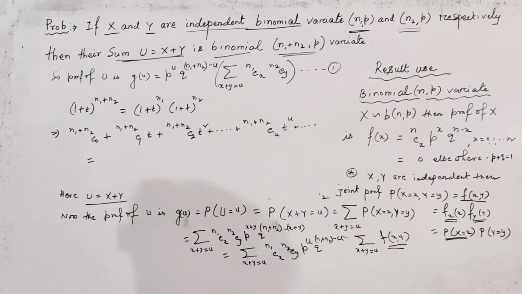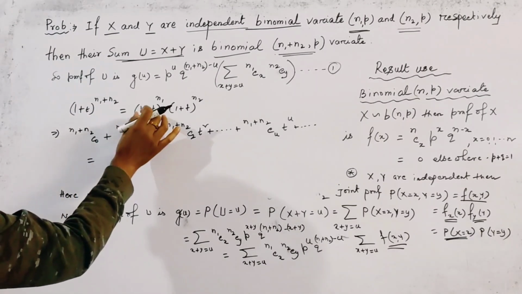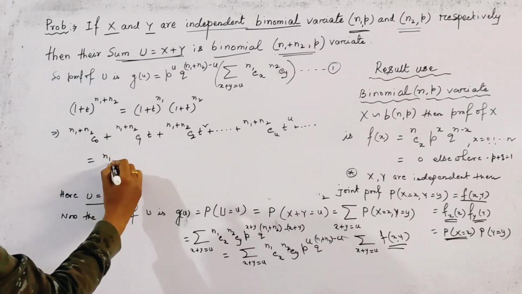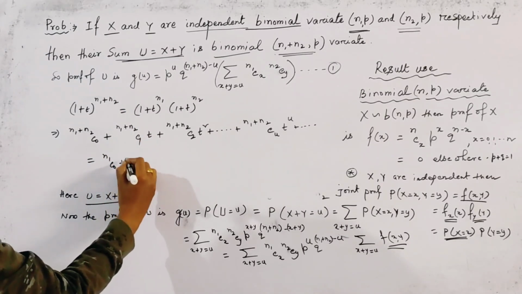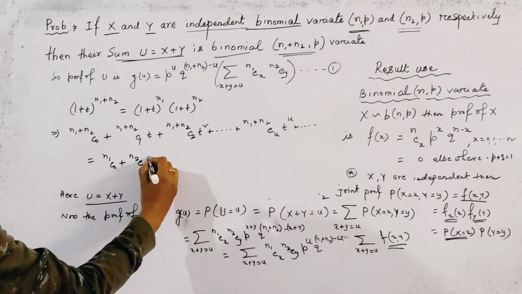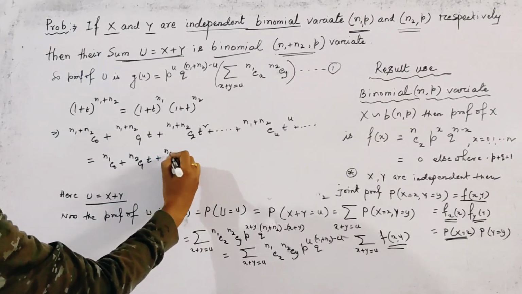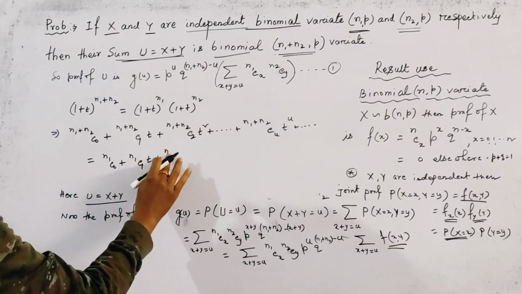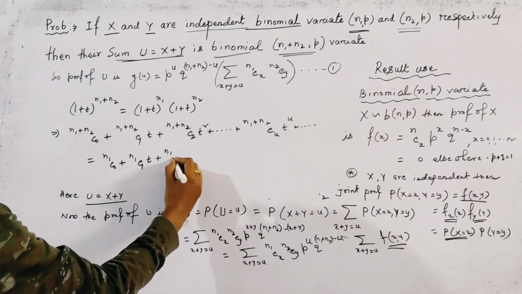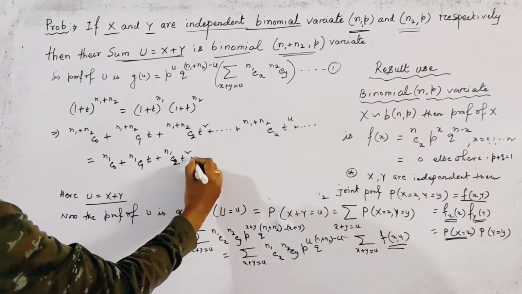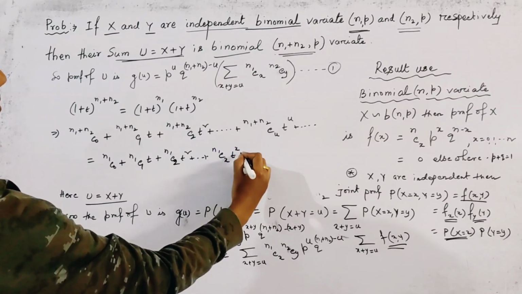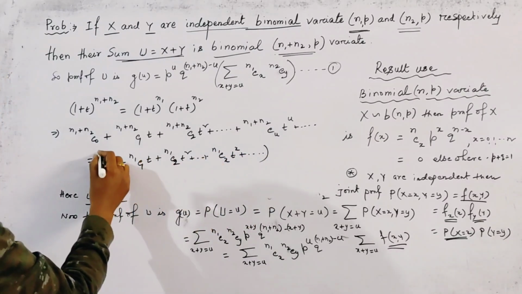And on the right side, we first expand this expansion. This is n1 c0 plus n1 c1 into t plus n1 c2 into t square up to n1 cx into t to the power x, and so on.